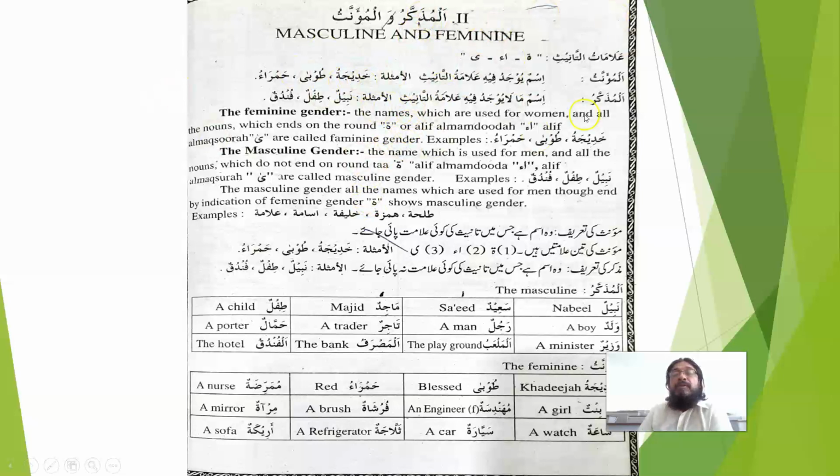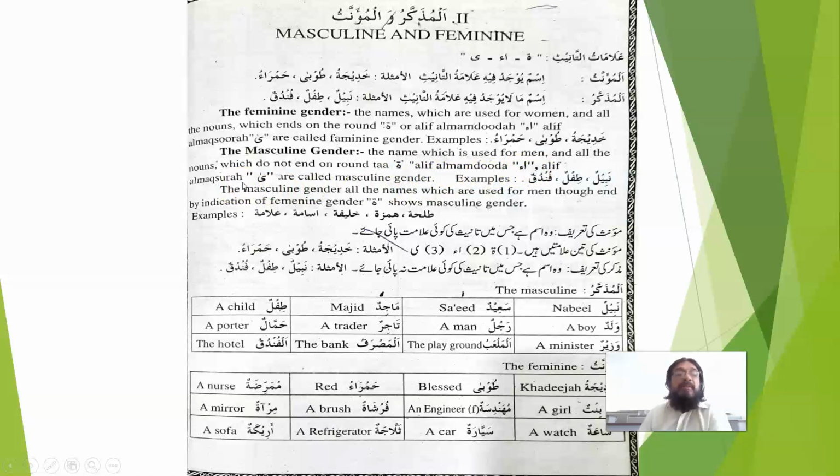And all the nouns which do not end on round ta, alif al-mamduda and alif al-maqsura.